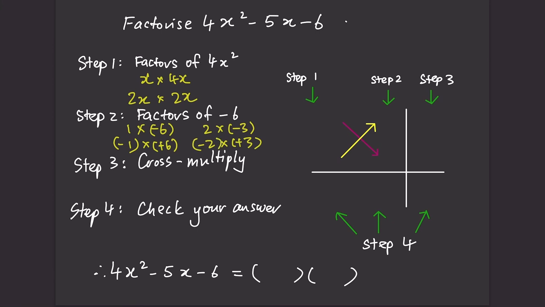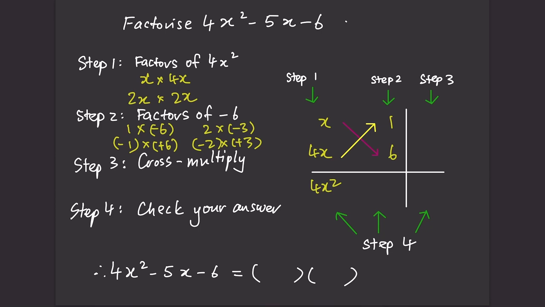So you have several combinations that are possible, and I'm going to begin by considering, let's say, x with 4x. So as I would expect, this would be 4x squared after I multiply them. And let's try, for example, 1 and 6.